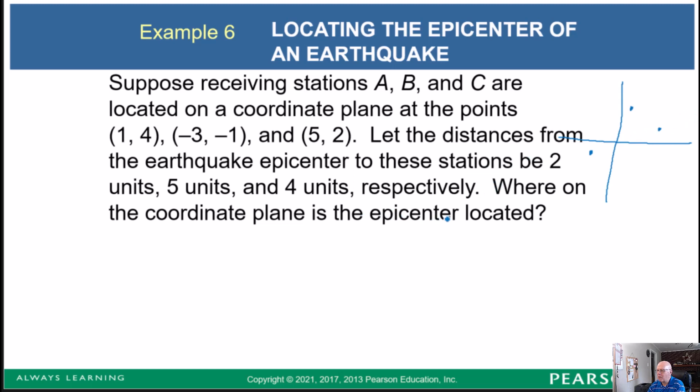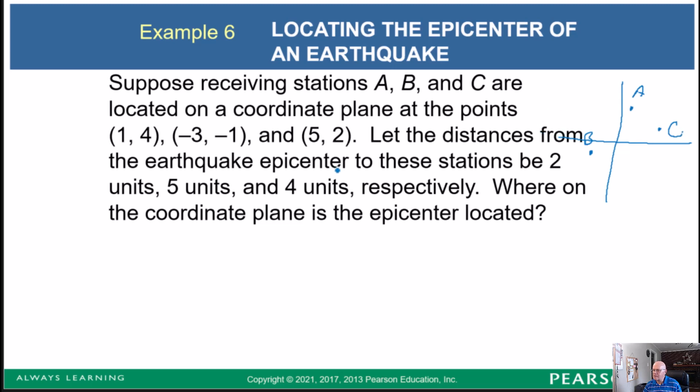Where is the epicenter? In other words, these are the same distance. Oops. Nope. Let me back up. So you've got, see, A is here, B is here, C is here.